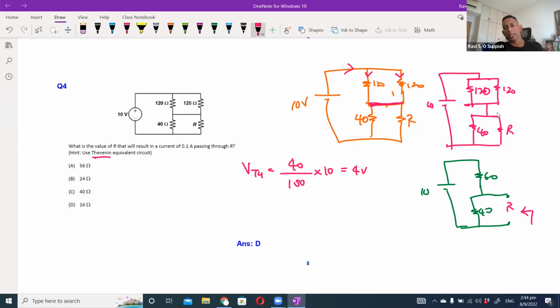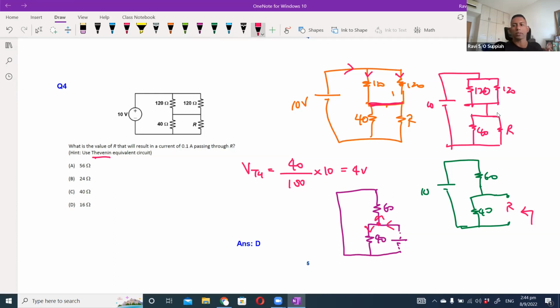Okay, so to find RTH, as I've said before, you imagine there is an imaginary source there. If I put an imaginary source there and I trace how the current will flow, it will flow through the 40 ohm. At the same time, there is a branch to the 60 ohm, and then there's a short circuit over here, back. So at this point, I will split into 40 and 60.